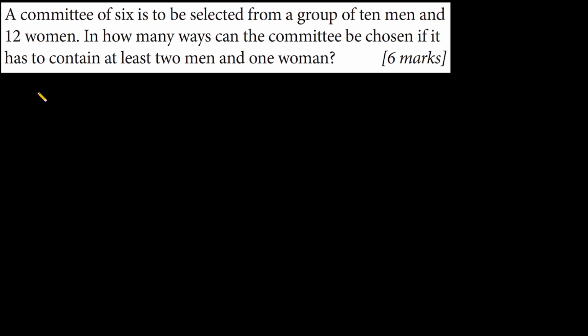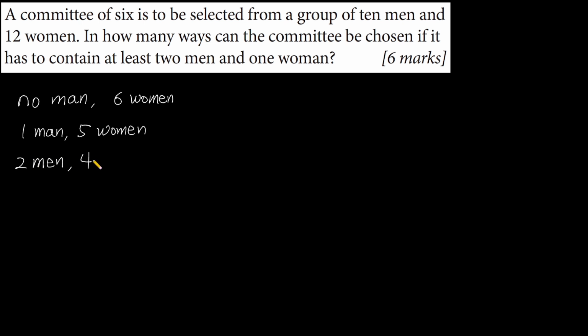If there are no restrictions, the committee can have no men, only 6 women. Or the committee can have 1 man and 5 women. Or 2 men and 4 women. Or 3 men and 3 women.